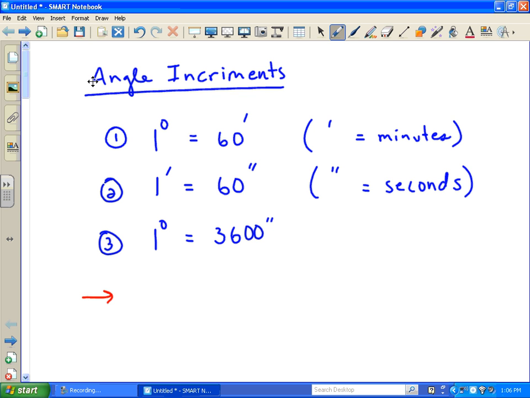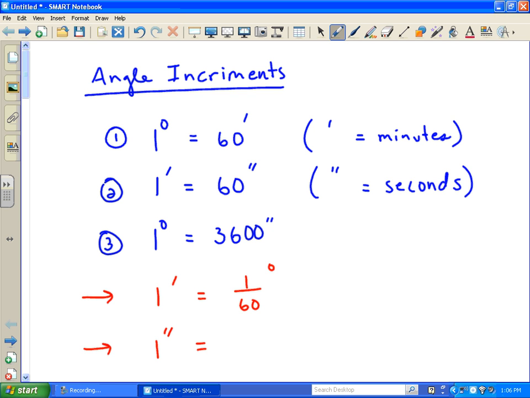Now, likewise, we can also think about, and I'm not going to list these as conversions because you can derive these from what we already have written, but you can also think about this. Let's talk about 1 minute. Let's say we needed to convert that back to degrees. Well, 1 minute is 1/60th of a degree. We can do the same thing. Let's say we have 1 second.